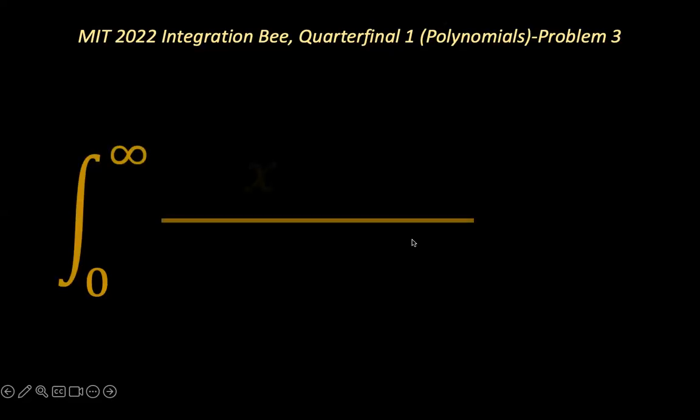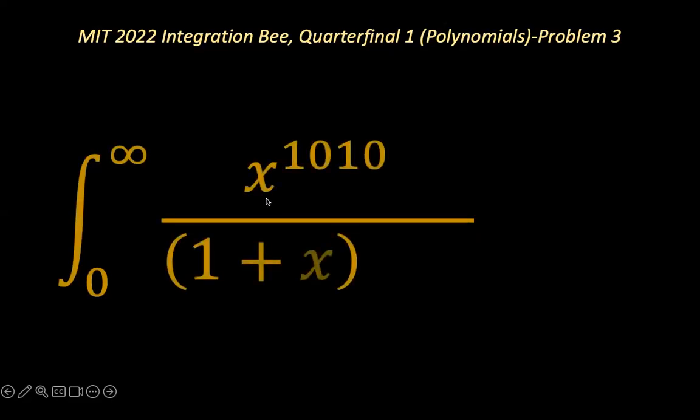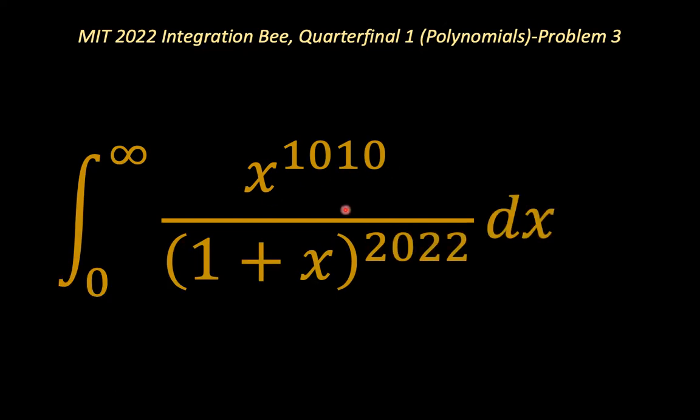So the problem that we will be dealing with today is the integral of x to the power 1010 over (1 plus x) to the power 2022, from x equals 0 to x equals infinity. So it looks complicated because of the bigger numbers, but as we'll see, it's a much simpler problem.